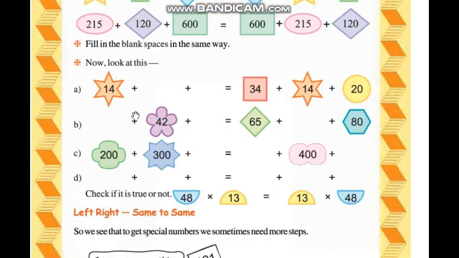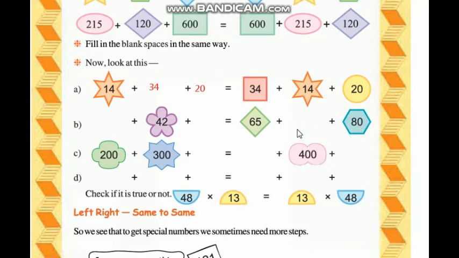Now look at this. 14 plus blank and here plus blank. That means which numbers are missing? 34 and 20. So we need to write 34 and 20 here. Now question B. Blank plus 42 plus blank is equal to 65 plus blank plus 80.